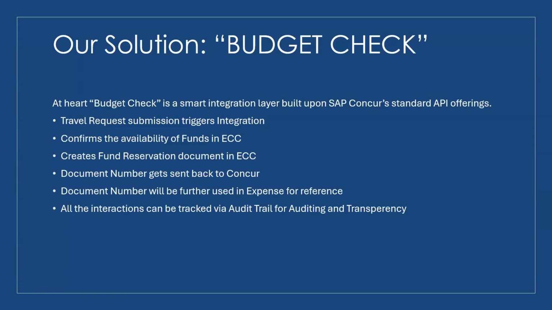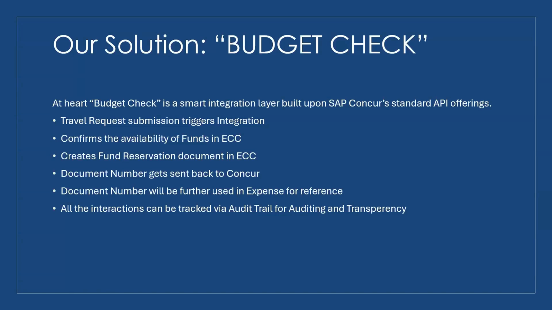Now, as soon as users click the submit button after they finish creating their request report, our middleware brings the data submitted by the user into ECC to validate whether there's budget available under the specified cost center or the fund structure that is selected by the user.